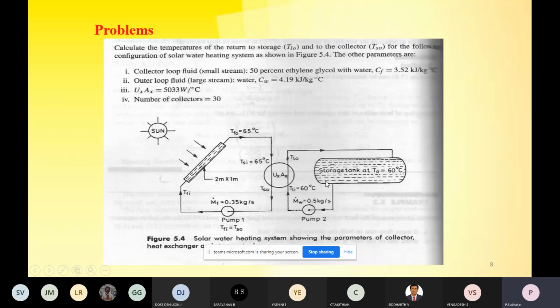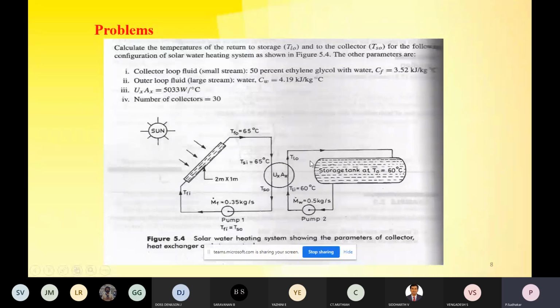The fluid circulated from the storage tank through the heat exchanger is driven by pump 2, and its flow rate is given by capital M dot W. The fluid flowing inside the collector and heat exchanger is capital M dot F. This is the storage tank at T naught, so the temperature of the storage tank is denoted by T naught.